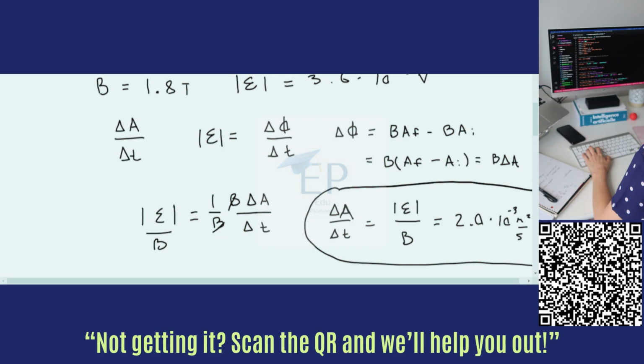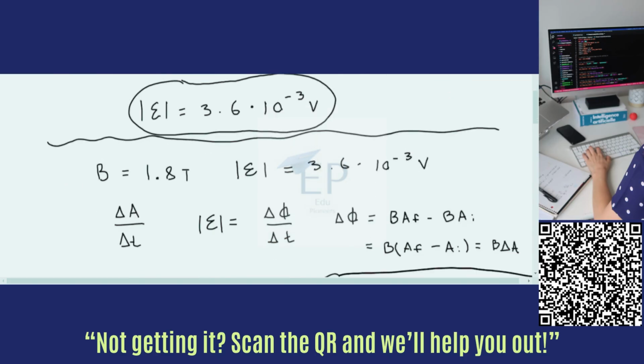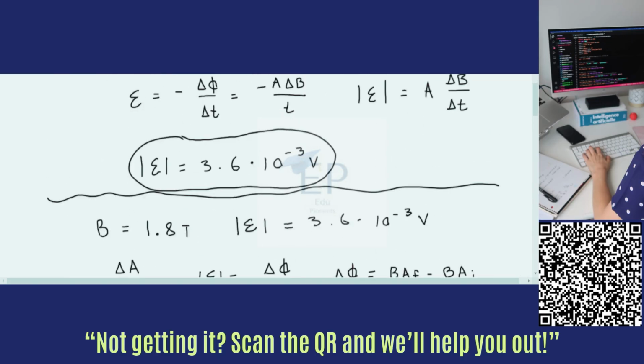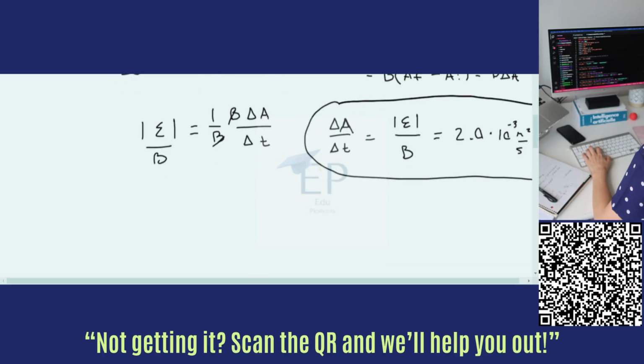Okay. So that's how fast we would have to change the area of our loop to counteract this induced EMF from the increasing magnetic field. So now the question is, do we want to shrink our loop or do we want to enlarge our loop in order to cancel this field out?